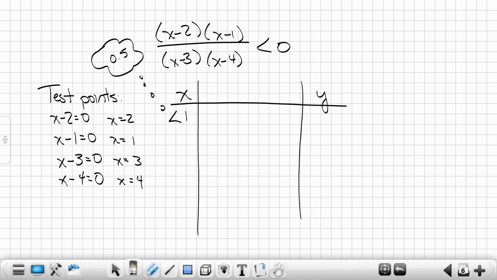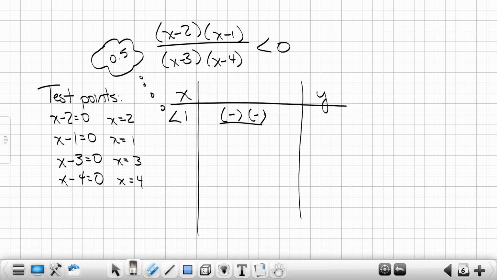Here's what you do with these, because the question is less than 0. What numbers are less than 0? Negative numbers are less than 0. Are we all good with that? So if I plug in 0.5, 0.5 minus 2, is that positive or negative? Negative. 0.5 minus 1? Negative. 0.5 minus 3?